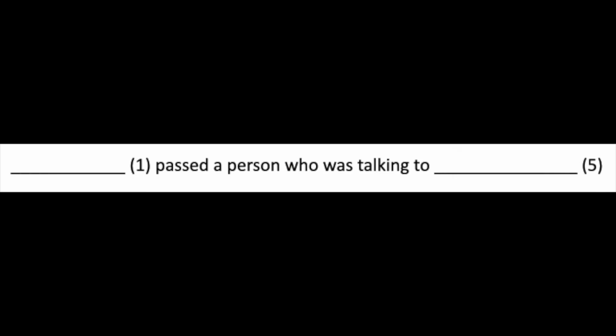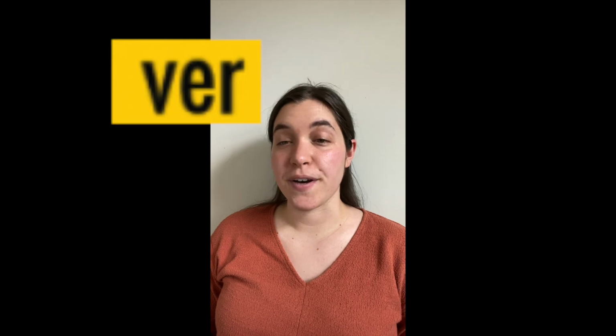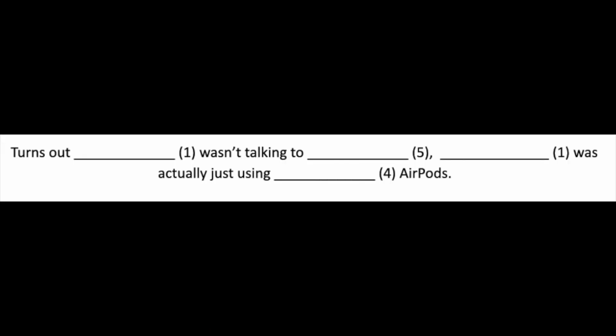Moving on to the third sentence. Blank passed a person who was talking to blank. An answer could be, she passed a person who was talking to herself. For sentence number 4, blank stopped to talk to blank. An answer could be, Per stopped to talk to Per. And then for the last sentence, turns out blank wasn't talking to blank.